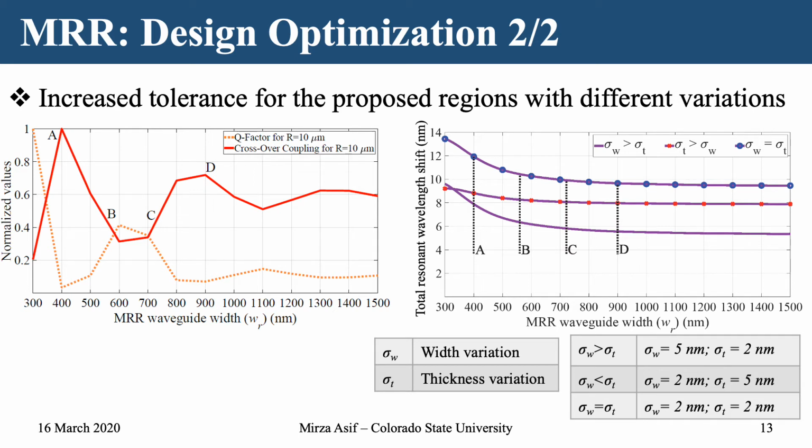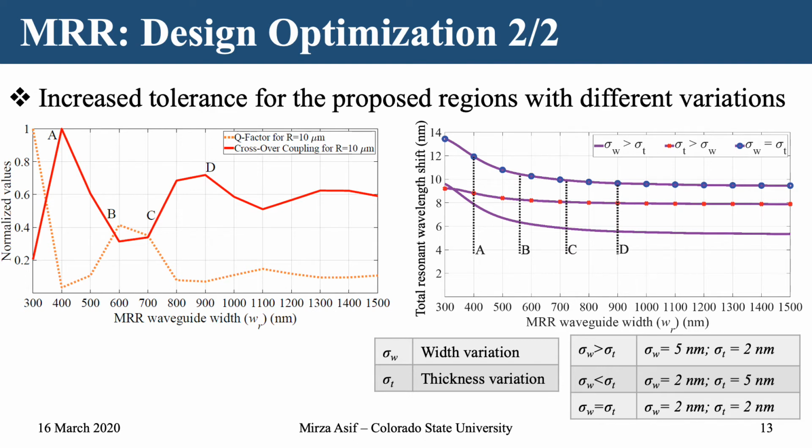On the right hand side is the total resonant wavelength shift graph, which includes resonant wavelength shift with respect to width and thickness both, and also different scenarios where width variations are greater than thickness variations, or thickness variations are greater than width variations, and both are equal.